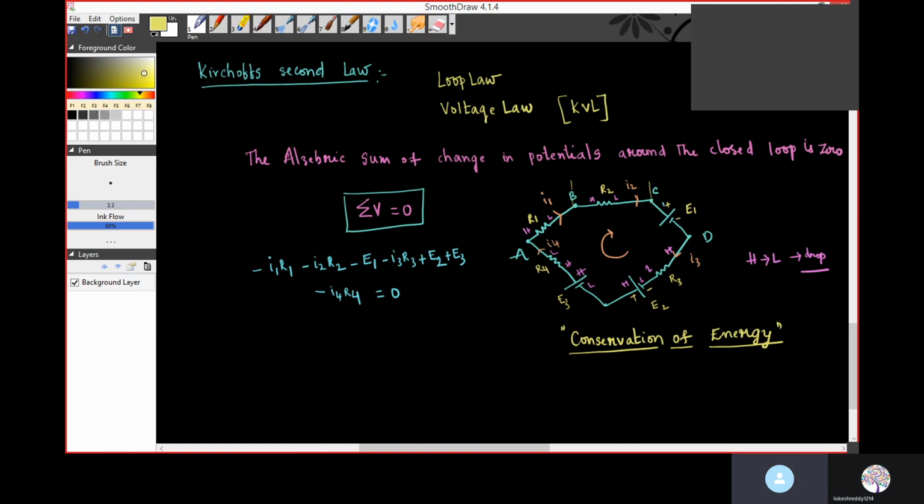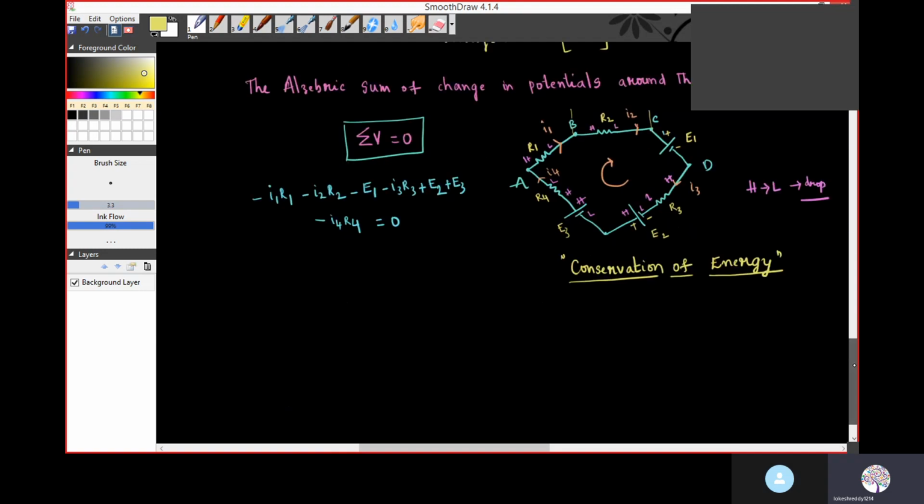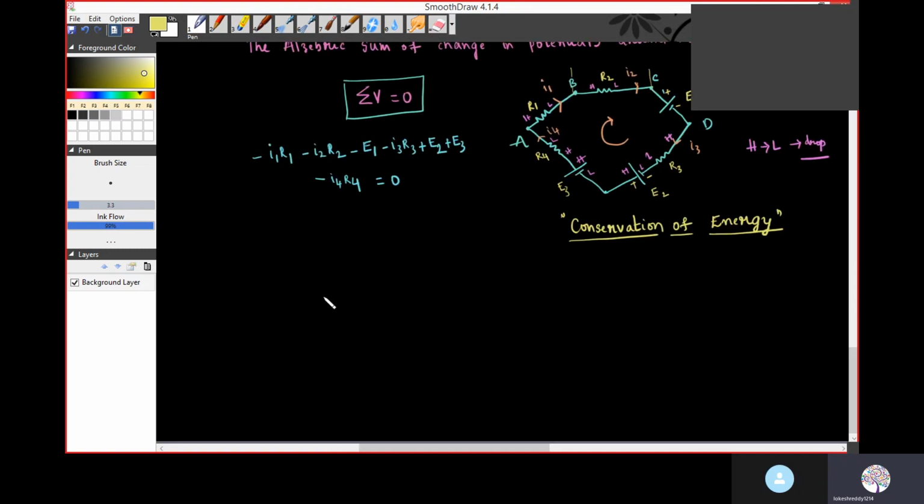We will do one problem based on Kirchhoff current law and one problem based on loop law. Now, E1 is equal to 4 volts.